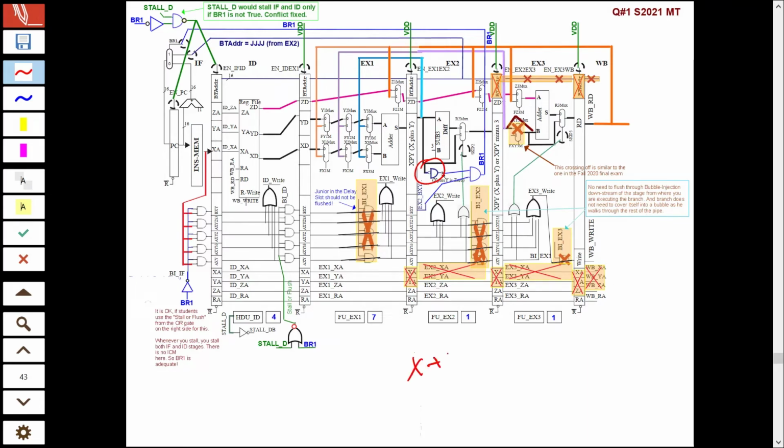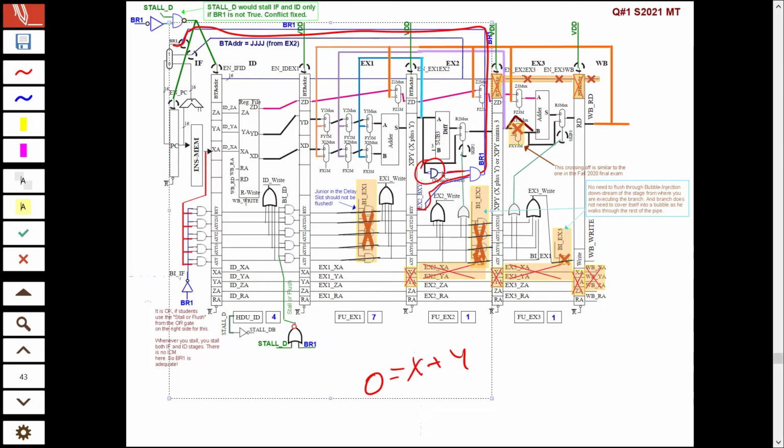Is x plus y equal to 0? If you are a branch and x plus y is 0, BR1 branch is successful, and that will cause the 16-bit value which is brought here to be taken across.